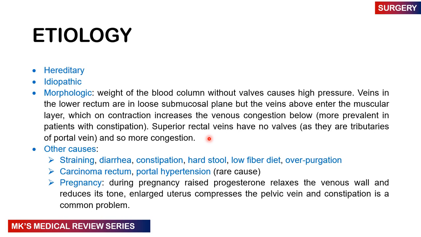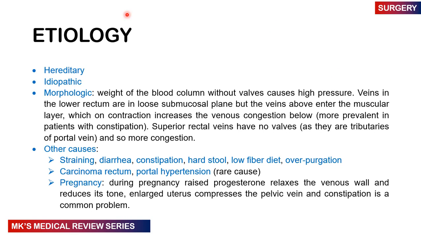Now, what is going to be causing hemorrhoids? Pretty much they can be hereditary. In some of the cases, they are idiopathic. Now, before we talk about the different causes, remember the morphological things that you have to keep in mind. The weight of the blood column in the blood vessels in the anal canal, those blood vessels do not have valves, which means there's going to be high pressure in these vessels.